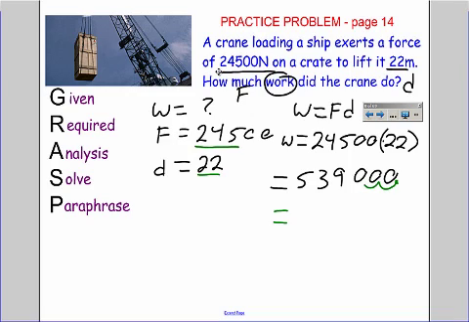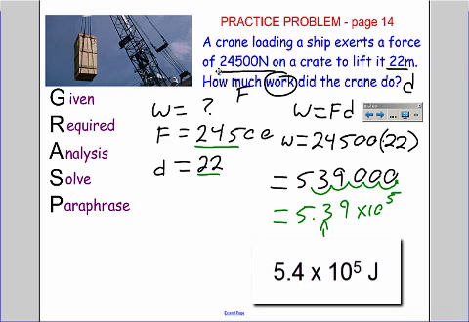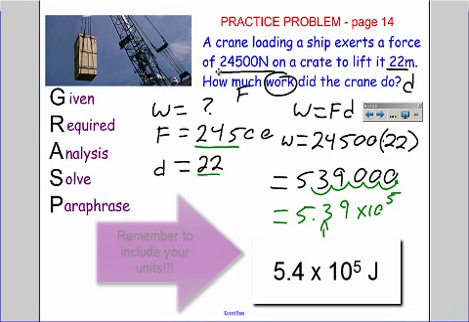So 1, 2, 3, 4, 5. So in just significant digits, 5.39 times 10 to the 5th. And we can only have 2 significant digits, so we have to round this number up. So we end up with 5.4 times 10 to the 5th.